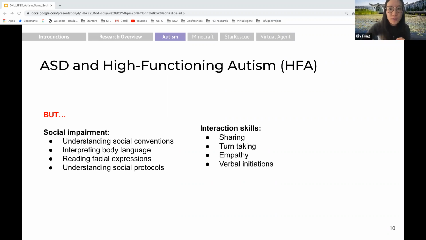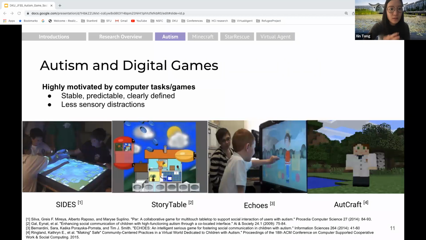So to support their social collaboration skills, researchers have been developing different kinds of therapies and interventions. In my work, I focus on digital therapies and more specifically game interventions. Prior research suggests that autistic children love to interact with computer tasks and games, and they are highly motivated to do so for two primary reasons.